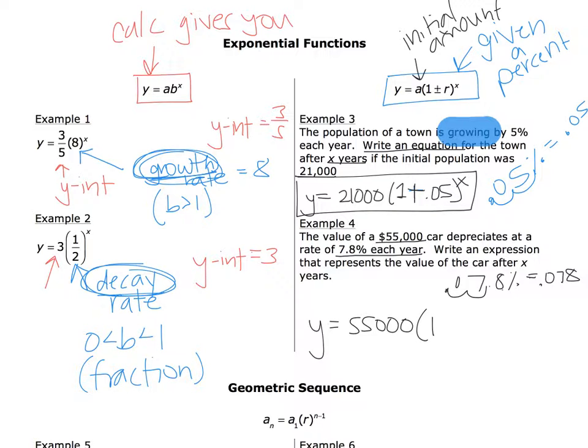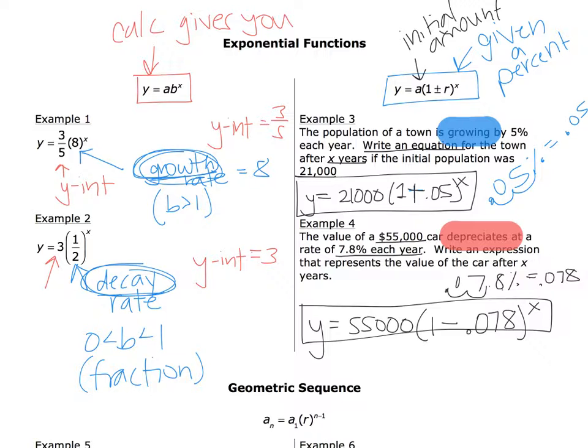This time when I read the problem, we notice that it says depreciates. Hopefully you guys know that sounds kind of like decay. That means that we're losing value, so I am choosing to use a minus sign. And then we've got my rate, 0.078, to the power of x.